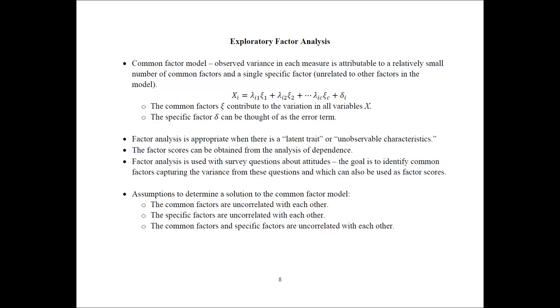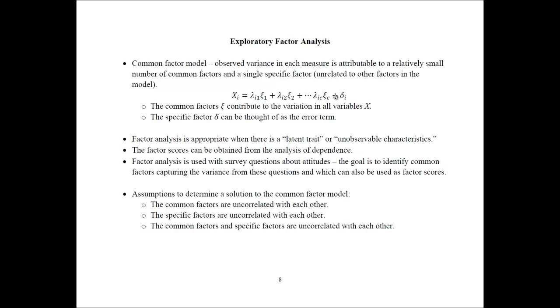So we would have here xi, an original variable that we have in the data set, equal to lambda i1 xi1, and so on, plus delta i. These would be the common factors that we would uncover during the analysis, xi1, xi2, and so on to xi-c, and they would be representing the original variable.